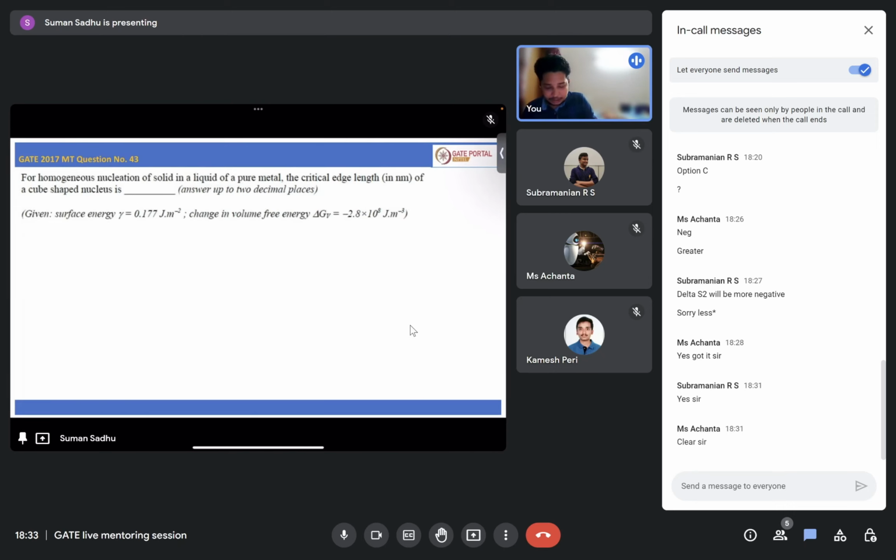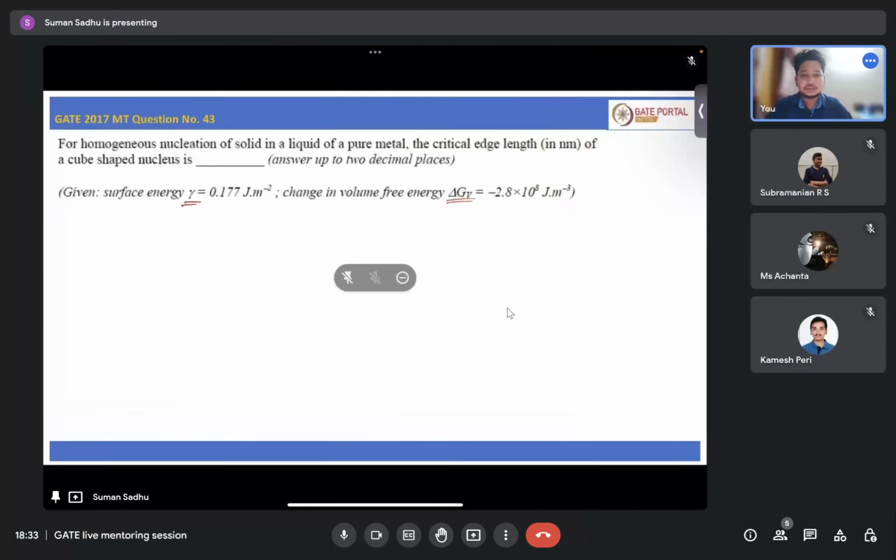The gamma value is given, the surface free energy or surface energy, and the volume free energy is given. Any one of you want to approach how we can calculate the critical length of a cube-shaped nucleus?